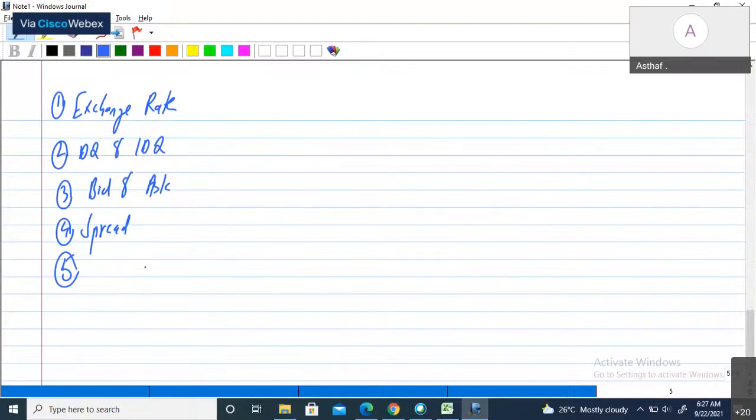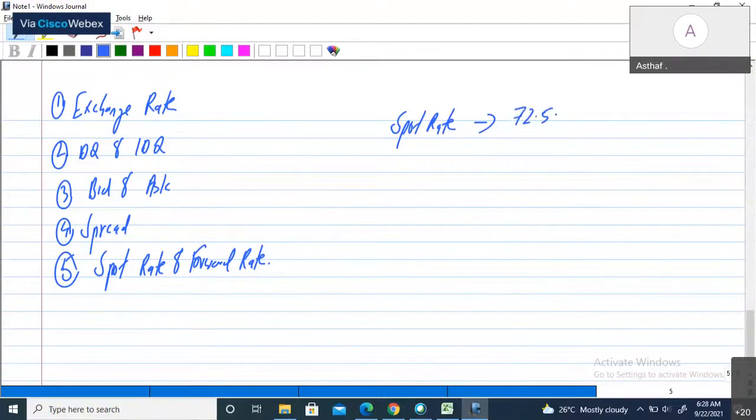Now we are going to discuss a concept called spot rate and forward rate. In the last class we discussed forward. See, what is the meaning of spot rate? If you want to buy a foreign currency or sell a foreign currency, the rate today is called spot rate.